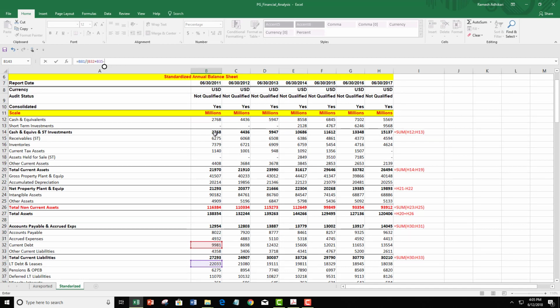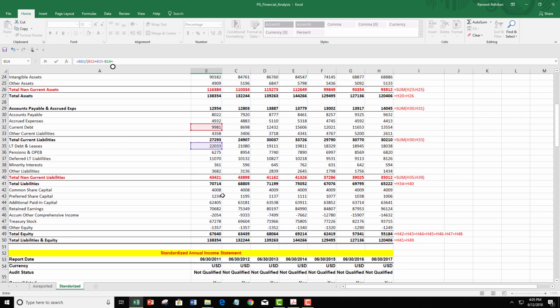Here I have the liquid asset in row 14, so minus row 14, so that gives me the net debt plus the book value of equity. So if you go on to your balance sheet on the liability side, you can find the total equity here in my row 49.